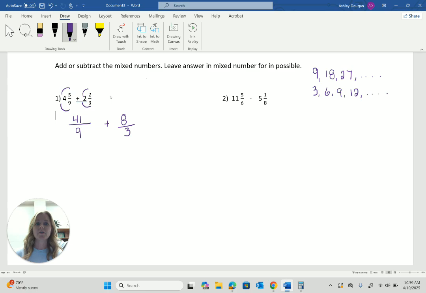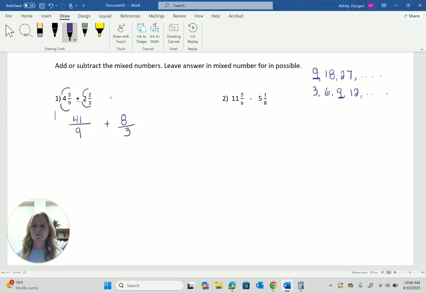And I'm looking for the smallest number that's in both lists. What's the smallest number that's a multiple of 9 and 3? And that would be 9. And again, you don't have to make out this list. It's just, if you're not sure, seeing it listed out like this sometimes is helpful to find that common denominator.